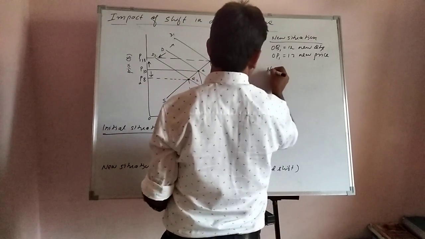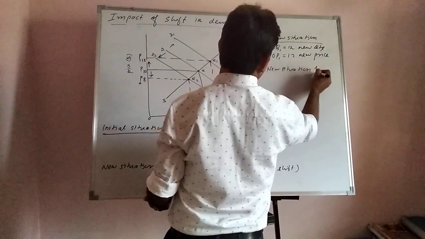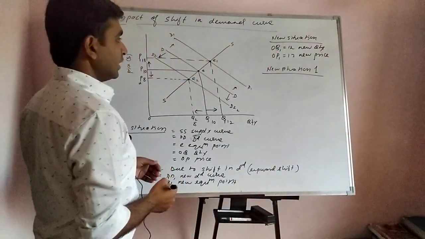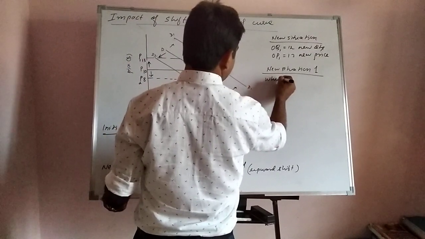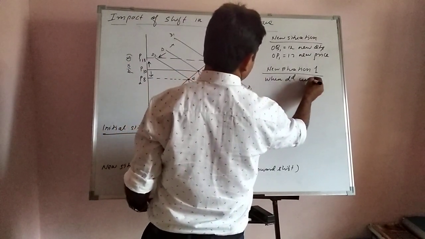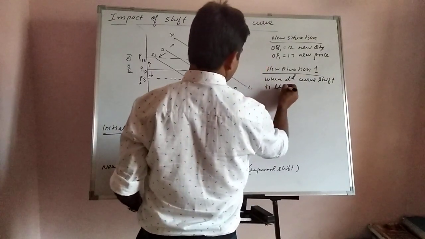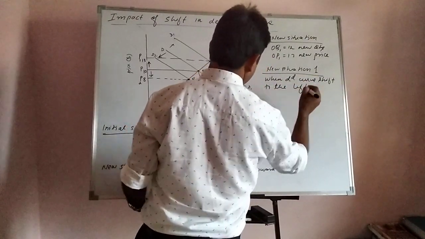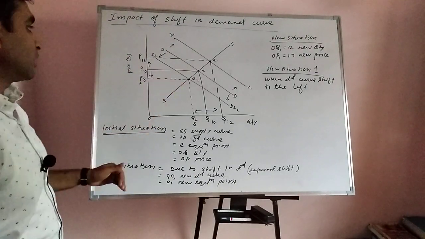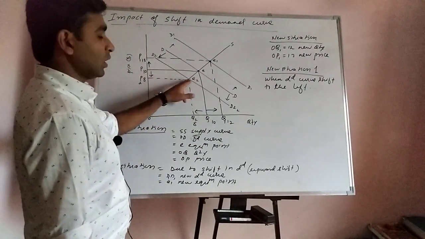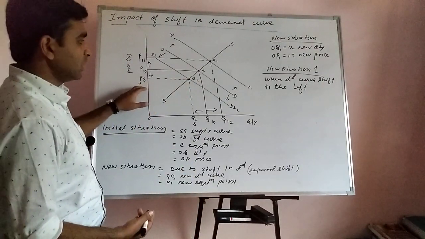So in another situation, when the demand curve shifts to the left, downward sloping, what will happen? The immediate impact will be on price. The price will decrease.